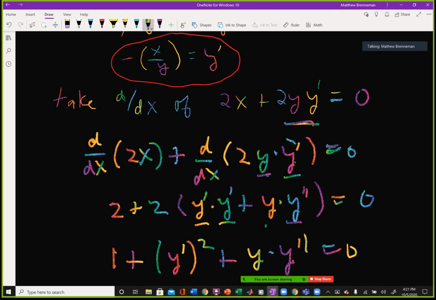I want to solve for y double prime purely in terms of x and y. And I don't have that right now. I have this y prime in here that I have to get rid of. But I solved for y prime up here. It's minus x over y, right? So I can go ahead and substitute that in. So let's go ahead and do that.